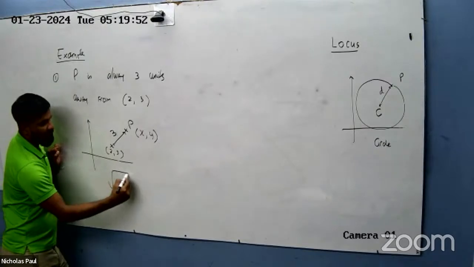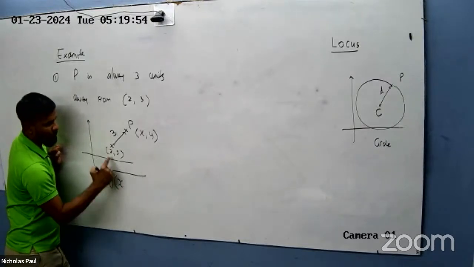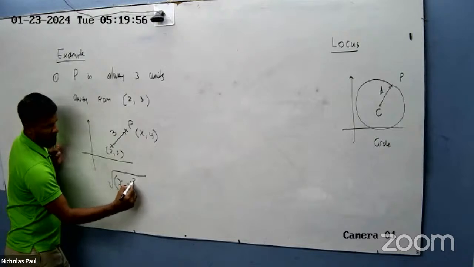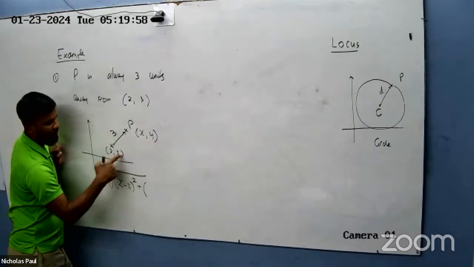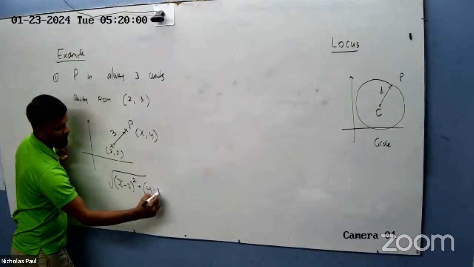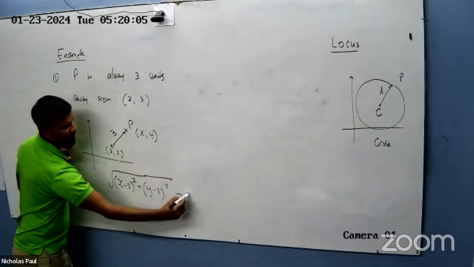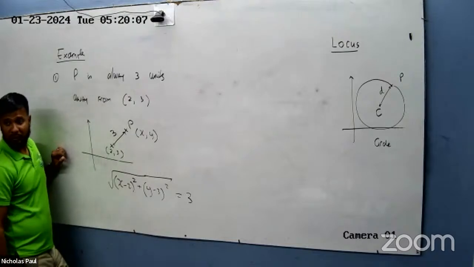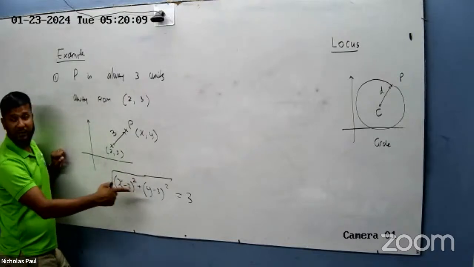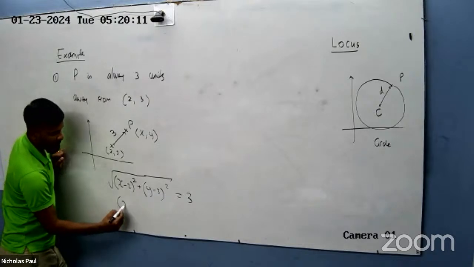So the formula is what? The square root of X2 minus X1 squared plus Y2 minus Y1 squared, equal to 3. That's okay? I can square both sides.